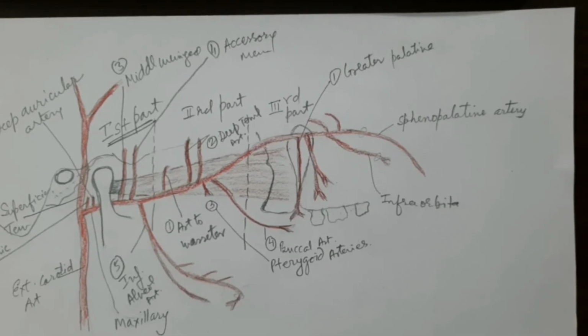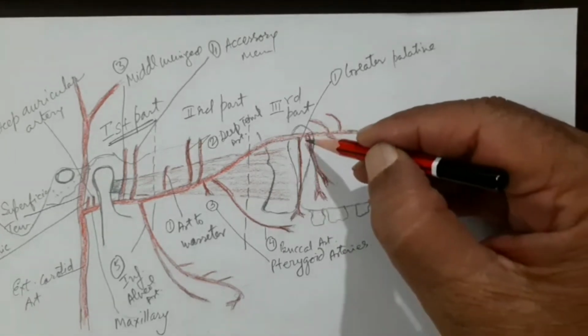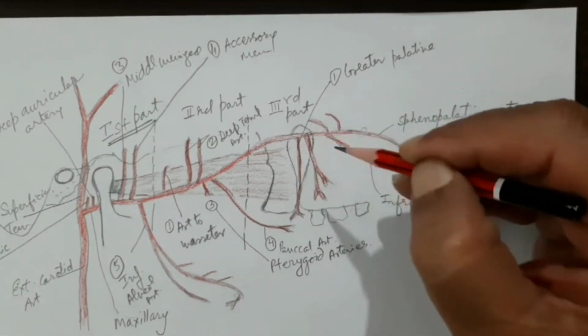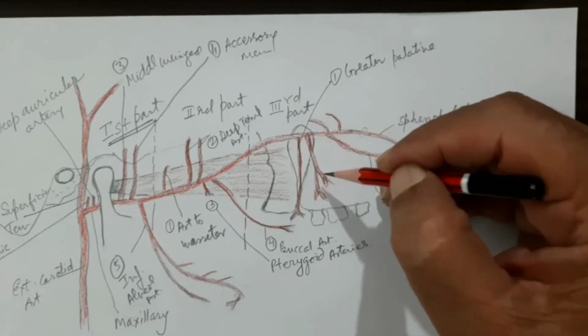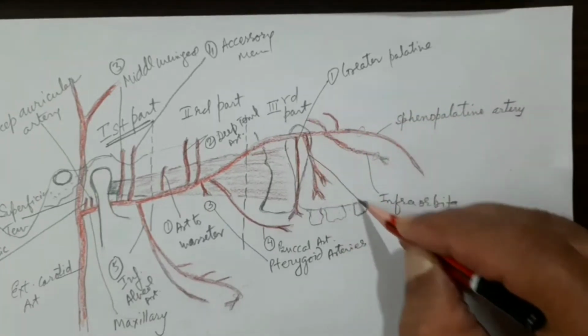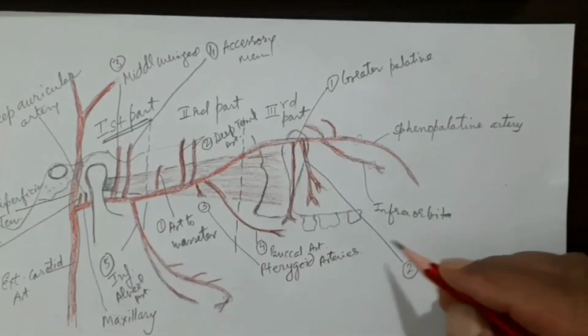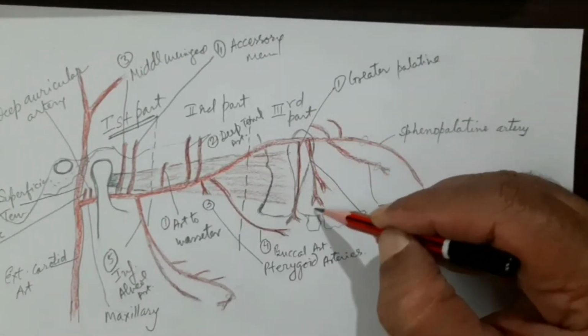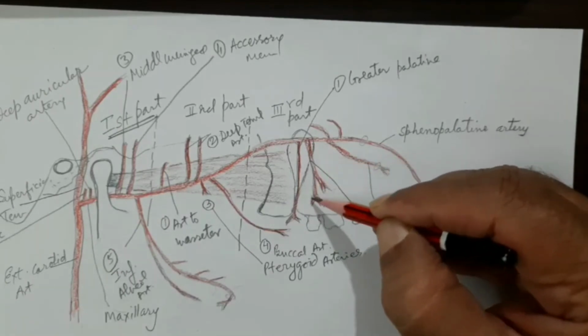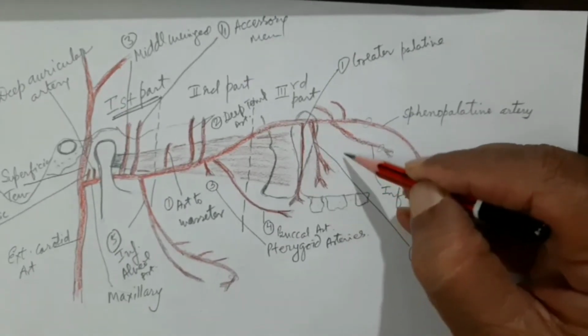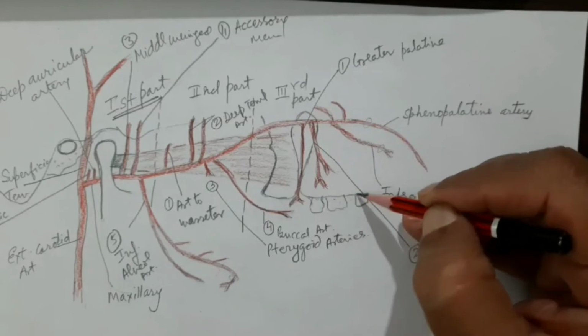second branch, which is given off while the artery lies in the fissure itself. It is not a single branch but multiple branches, which ultimately divide into fine branches on the posterior surface of the body of the maxilla, where the maxillary molar teeth are attached.